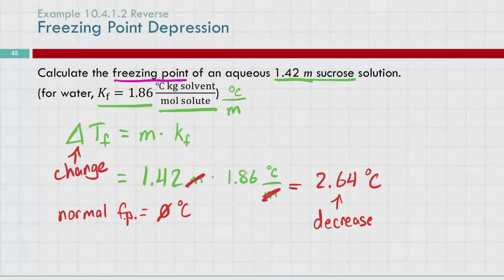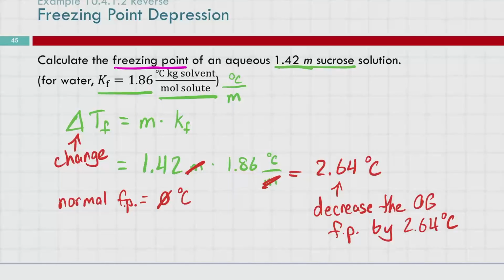So decrease the original freezing point by 2.64 degrees Celsius. So our new freezing point, we'll call it TF, is negative 2.64 degrees Celsius, because we did 0 minus 2.64.